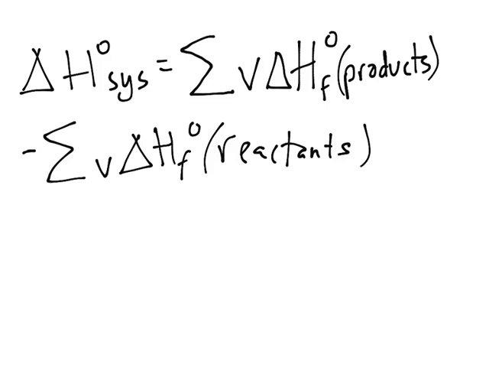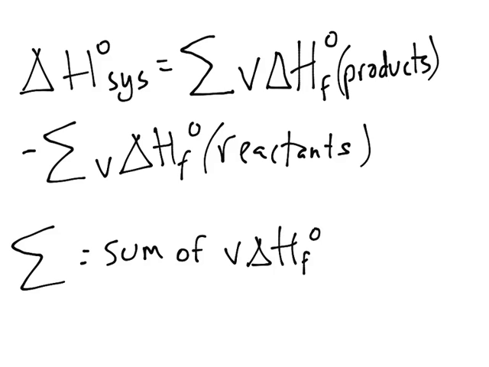Now let's separate everything into its components. The first thing I wrote was this symbol. If you know that symbol, it means the sum of something. So in this case, it would be the sum of what I wrote here, V delta H, and it's the products of the products. Now, the V stands for the coefficients.